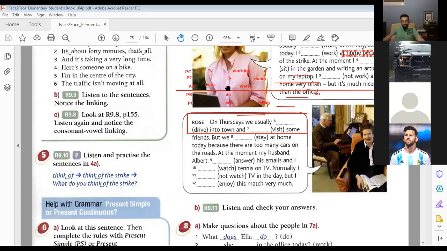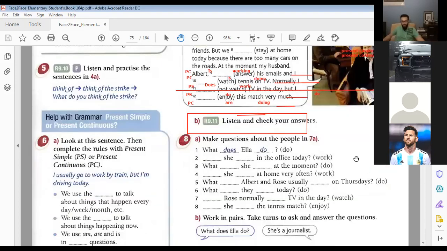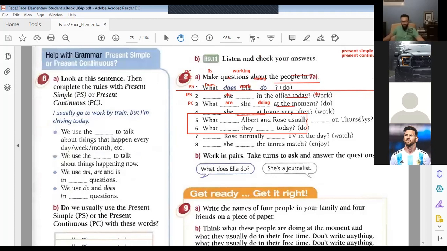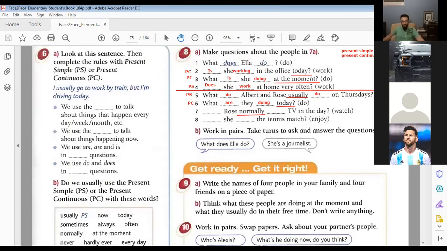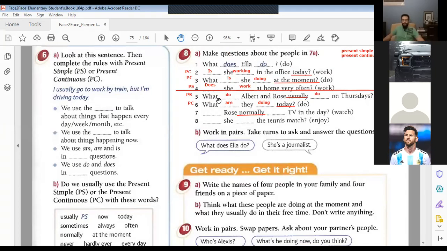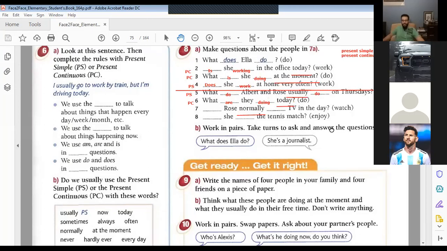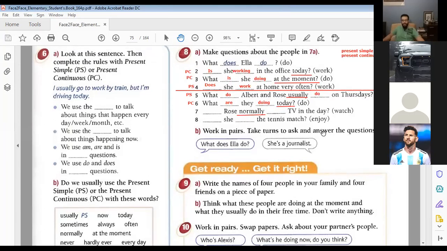Usually drive. Okay, let's go back to the question. Number 5. What do Albert and Rose usually do on Thursdays? They usually visit. Correct.